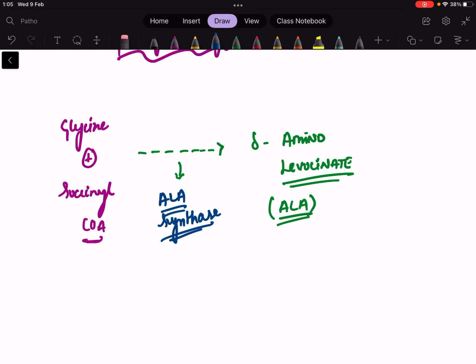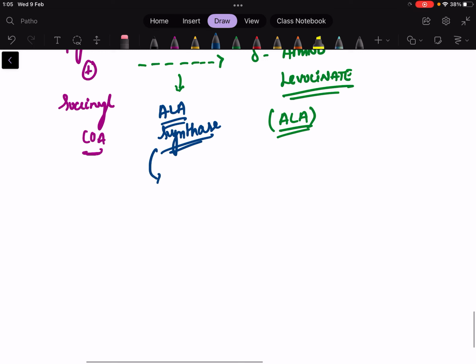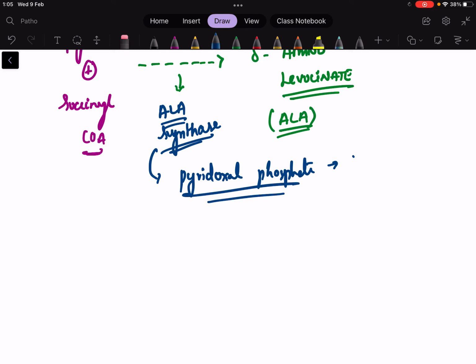Now this ALA synthase enzyme is mainly dependent on pyridoxal phosphate, which is coming from or a precursor of vitamin B6.